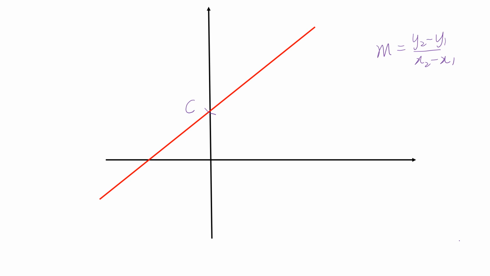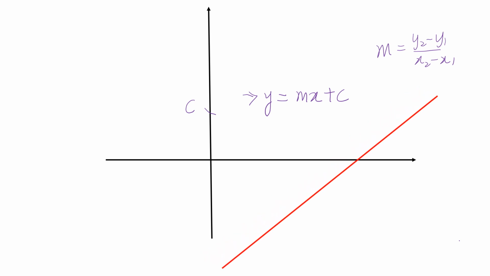For such a line, the equation will be y equals to the gradient times x plus c. So the line can move along and it will still conform to y equals mx plus c, because there is a value for gradient, and there is also a value for y-intercept.